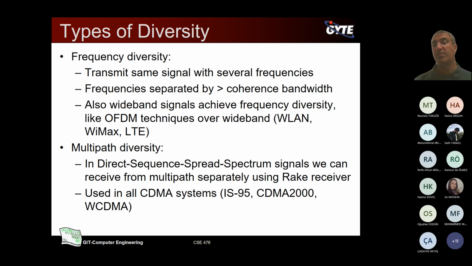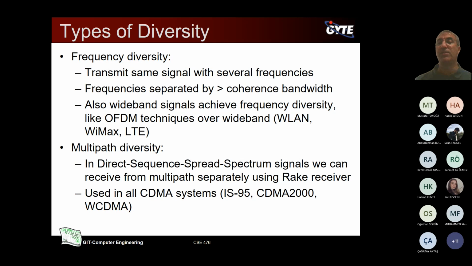Remember, in one of the previous lectures, we learned the coherence bandwidth, within which the channel characteristic remains the same. Also, wideband signals such as OFDM can achieve the frequency diversity, and this OFDM is utilized in Wi-Fi, WiMAX, LTE, and so on.